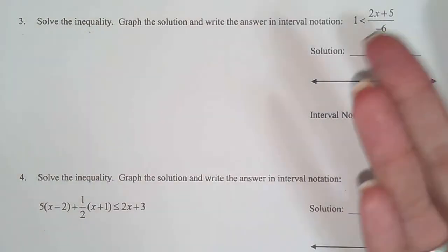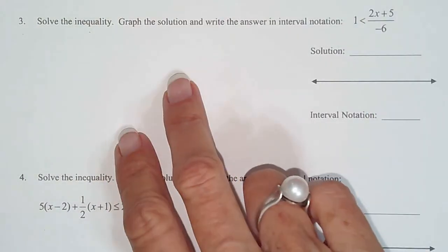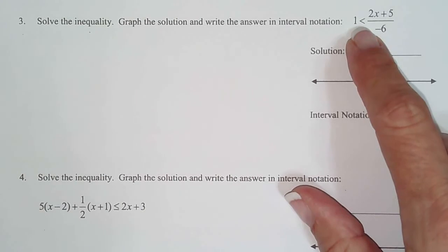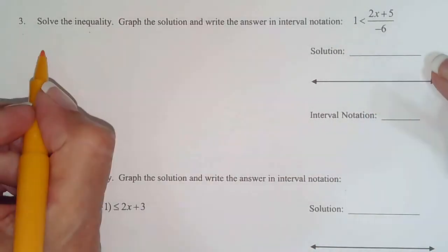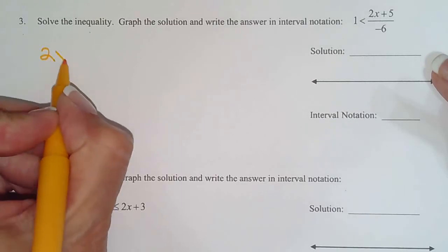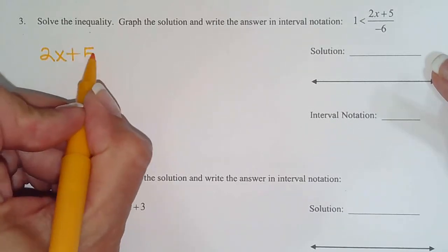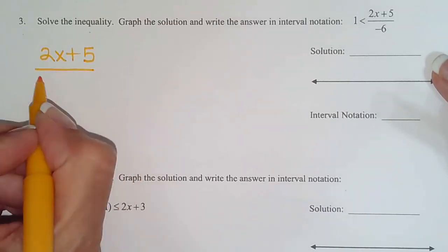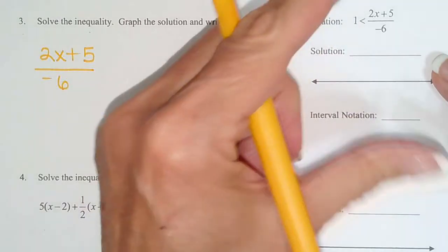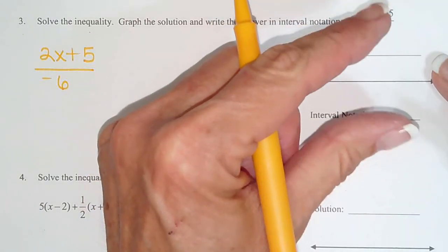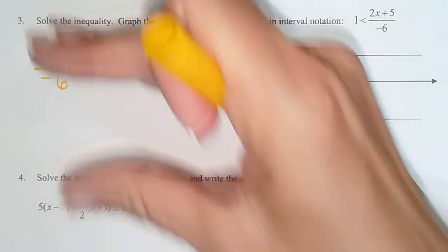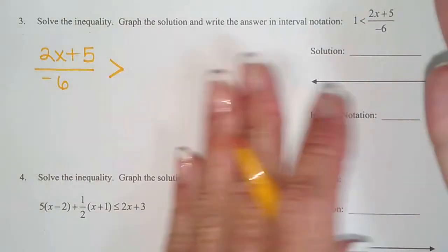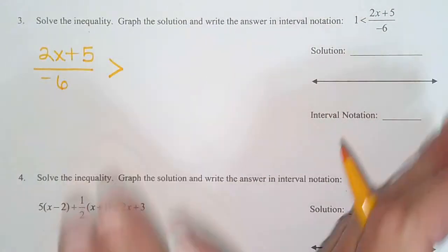So I can flip this just like I can an equation, but I do need to flip the symbol if I do that. So that's my first step, is to write 2x plus 5 divided by negative 6, and then see how it's open. It's eating the 2x plus 5, so when I flip it, it should still be open to that. So you're kind of turning the whole thing over.